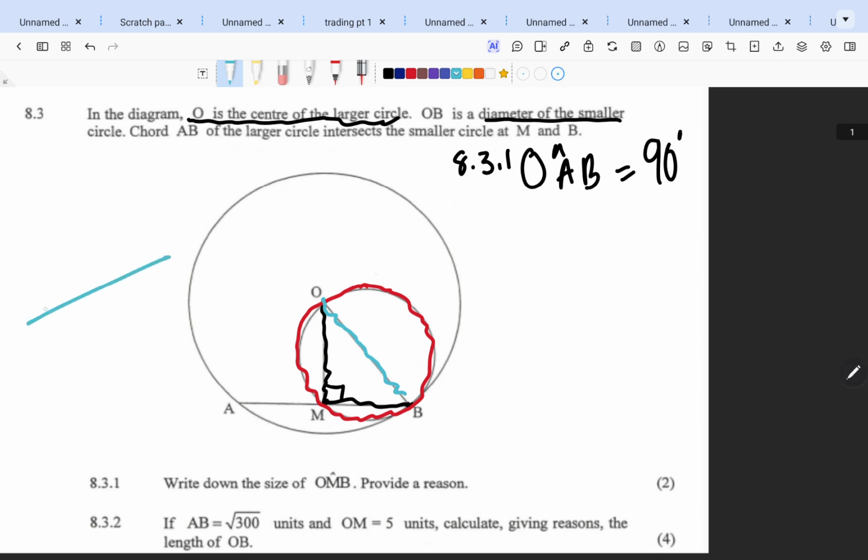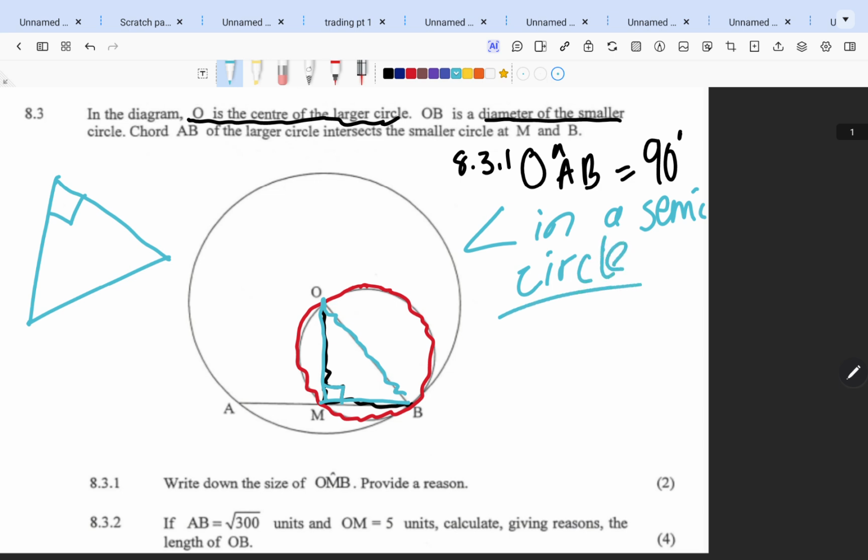So this is the diameter, and the angle that this thing stretched in both ends forms a 90-degree angle. So the angle that OB, which is our diameter, subtends to the circumference, that's really important, to the circumference, is equal to 90 degrees, which means that angle OMB is simply 90 degrees. The reason being, angle in a semicircle. Good job. Okay, so no wonder it has 2 marks, guys.